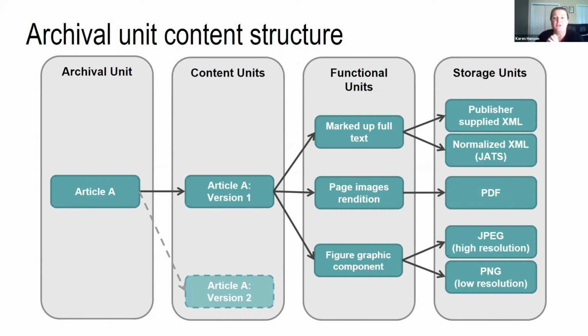Then at the functional unit level, this is more structural to organize the content. So there's not a lot of metadata here, but if we started to see a lot of very rich metadata coming from the publisher for supplements, then that could go at this level. And then finally, the file level, where you would have things like technical metadata, checksums, and so on. And of course, all of this helps describe the structure of the package.